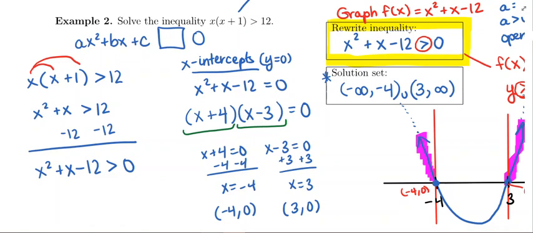The parabola you're looking at is the non-zero side of the rewritten inequality. Once you establish whether it opens up or down, you need to either factor or use the quadratic formula to get the x-intercepts, and then you make a rough sketch. You need to graph the x-intercepts in order, and then draw your parabola going through them, either opening up or down.